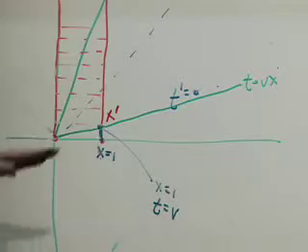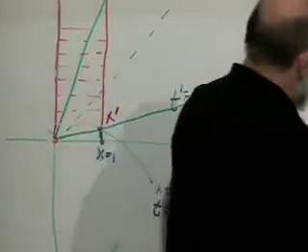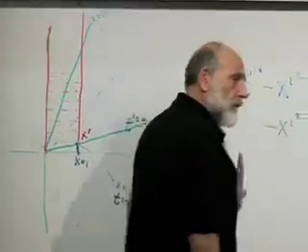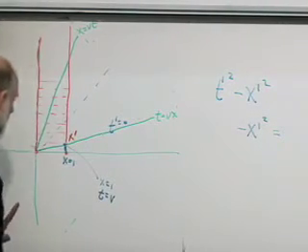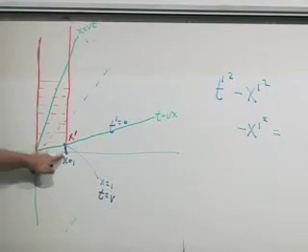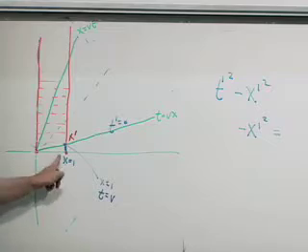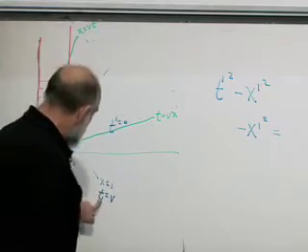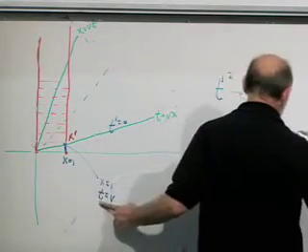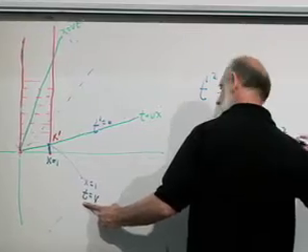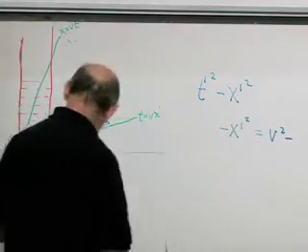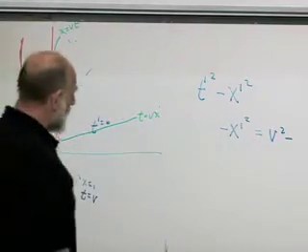All right, so on the left-hand side here, we have the proper distance expressed in terms of primed coordinates. Let's express it now in terms of the unprimed coordinates. That's going to be t squared, which is v squared, minus x squared, which is 1.